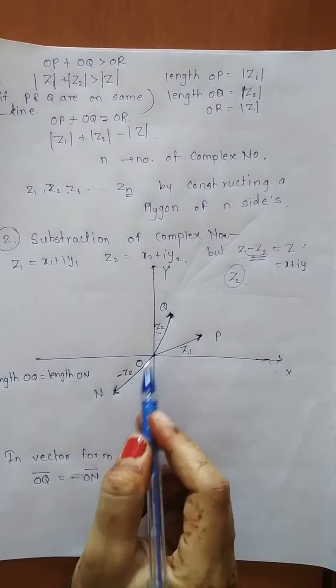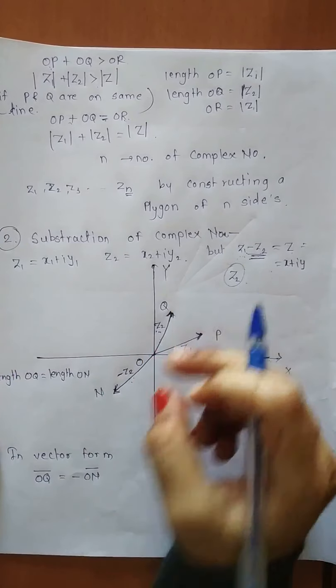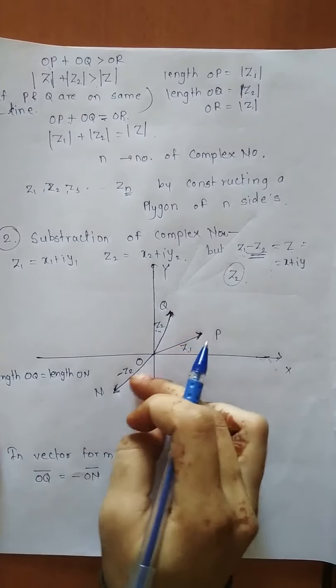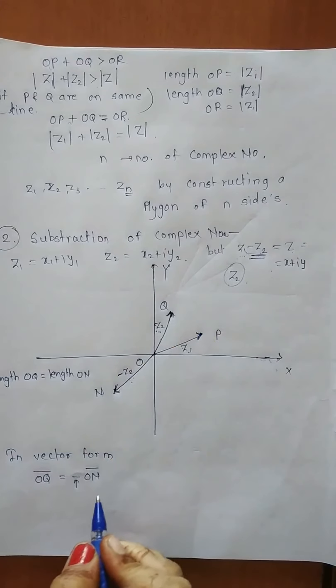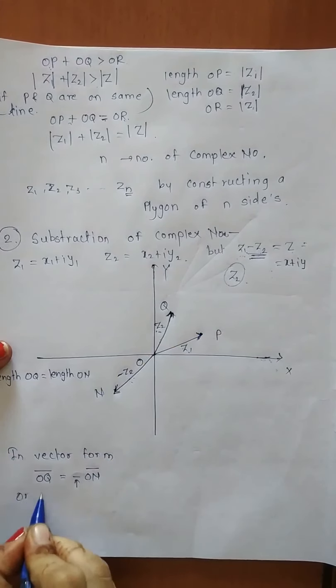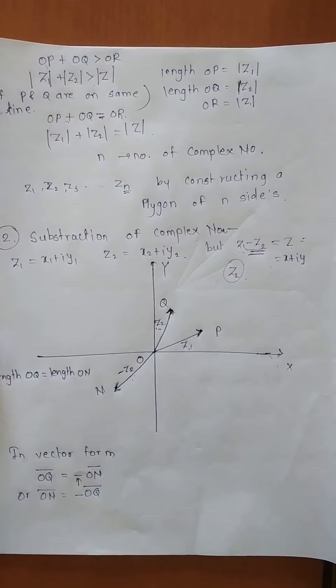The magnitude is equal, means length of ON and length of OQ are equal, but these are in opposite directions, so this negative sign will come over here. Or I can also say ON bar will be equal to minus OQ bar.